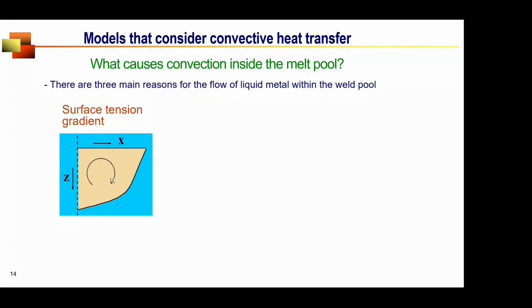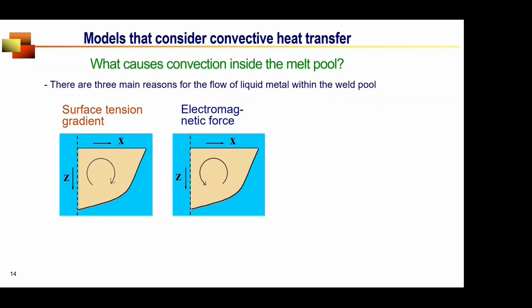The spatial gradient of interfacial tension is a stress known as Marangoni stress, and that can result in a flow that is shown here in a cross section. We also have a current and a voltage in wire arc additive manufacturing, where the cross product of the current density and the velocity field is the electromagnetic force field, and that can drive a flow as well.